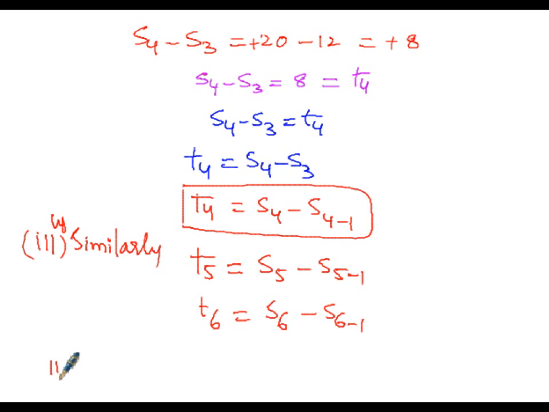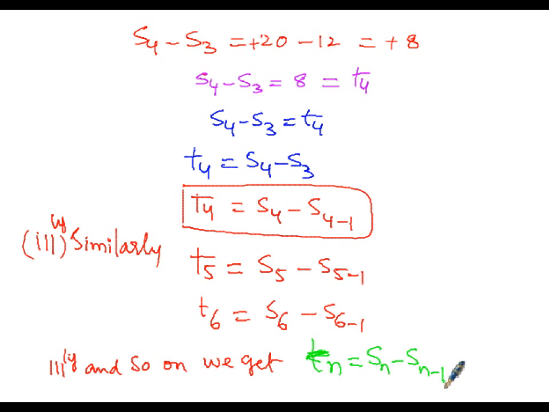So the nth term, Tn, instead of 6 writing n, equals Sn minus S(n minus 1).